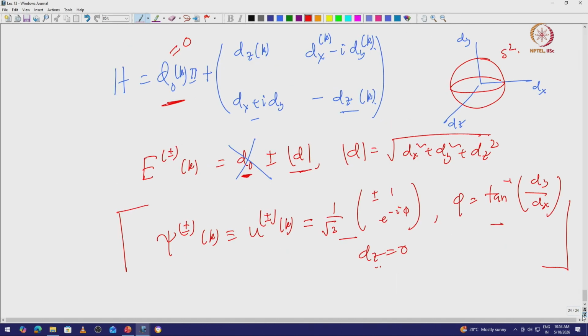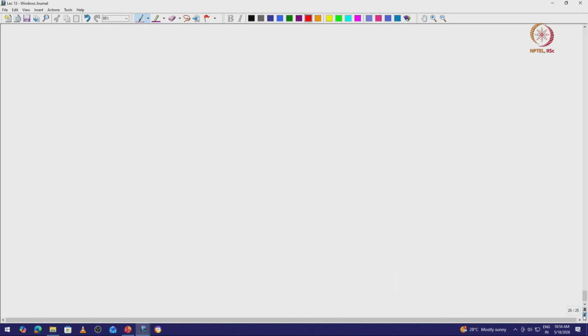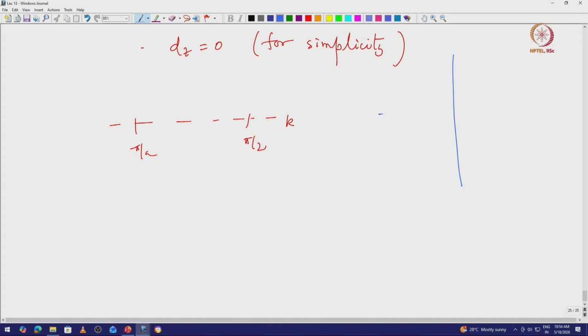So, let us take an S1 in which we set dz to be 0 for simplicity. Okay. The point we are going to make can be made without taking dz. All right. So, then I have k going from minus pi by a to pi by a, and then I am going to the space of dx and dy.